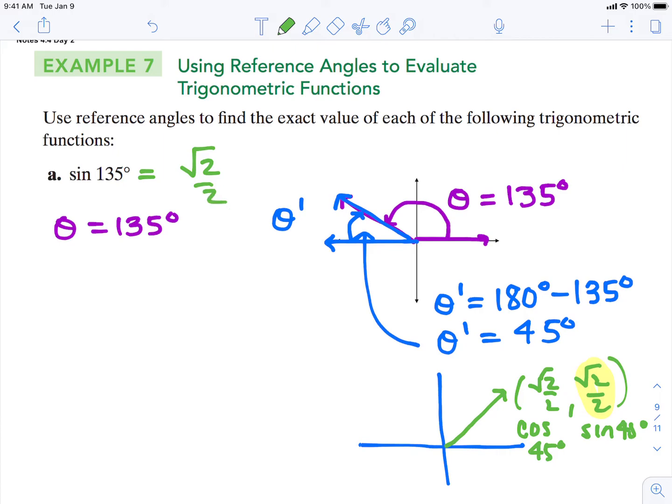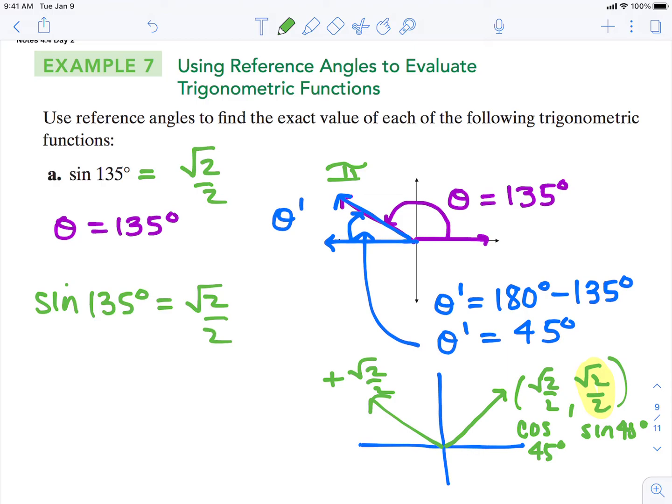But in quadrant 2, over here, would also be a positive square root of 2 over 2. So the sine of 135 degrees is square root of 2 over 2, which is same as the sine of 45 degrees. Its reference angle, square root of 2 over 2.